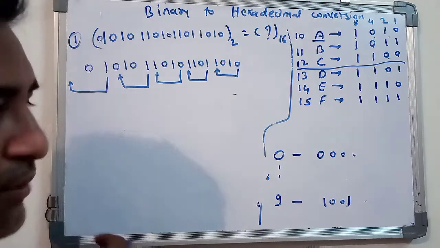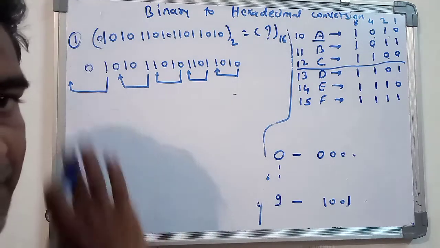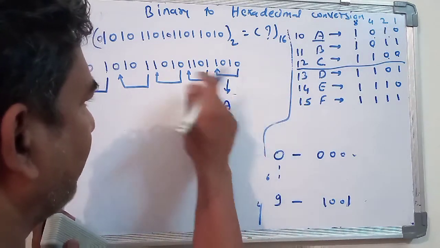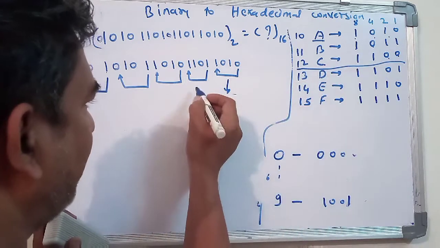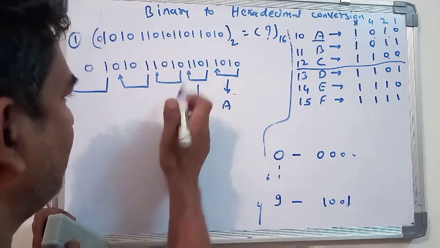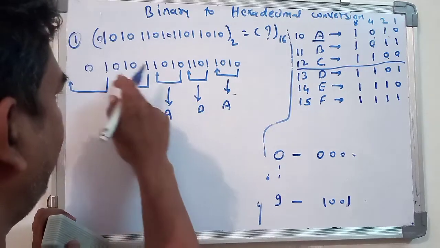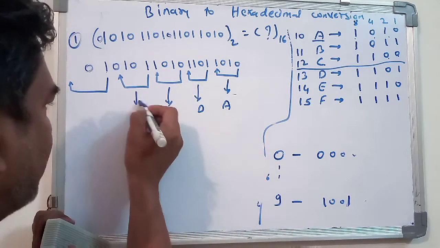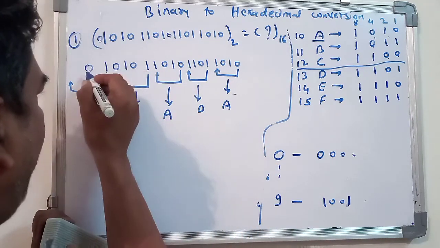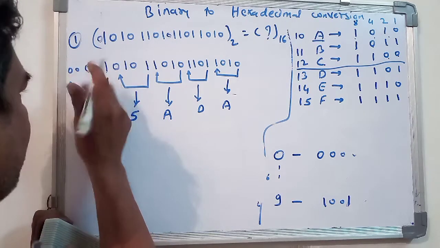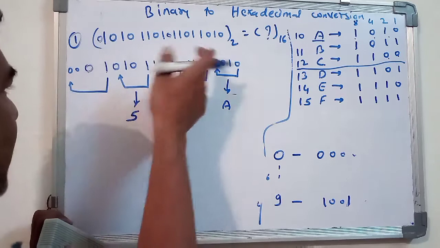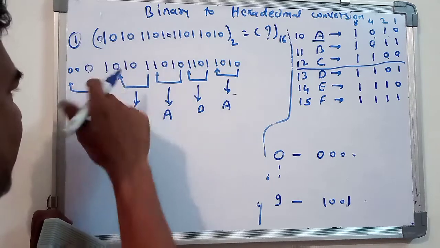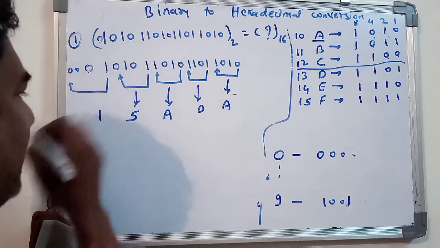So from this you are able to understand the number present at the last. So 1010, look from the table, it is A. 1101, look from that particular table, it is again D. 1010, it is again A. Then 0101, from this table you may understand that it is a 5, and 01 here, if there is no 00, then you have to write that 00, you have to make that number a 4-bit, and then 0001 is a 1.